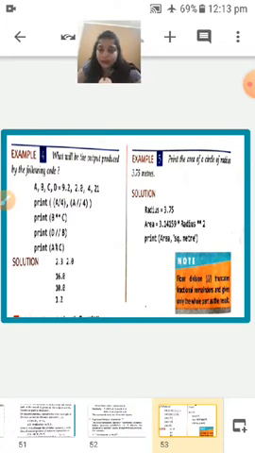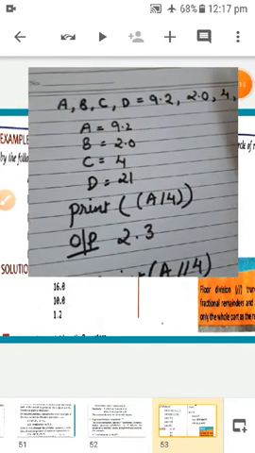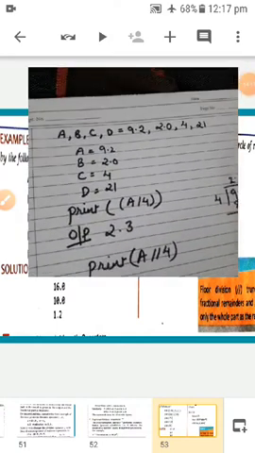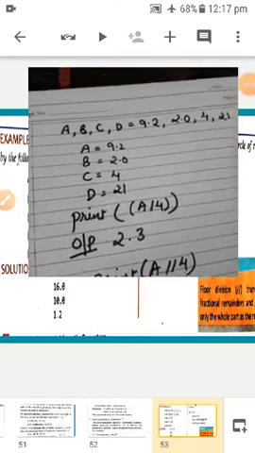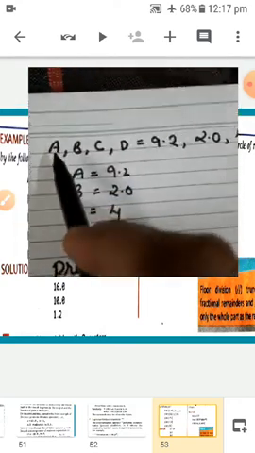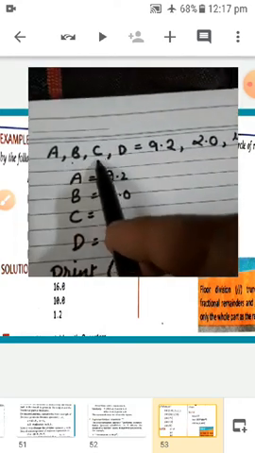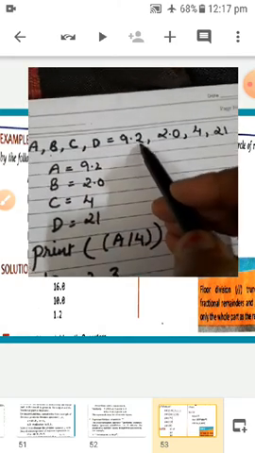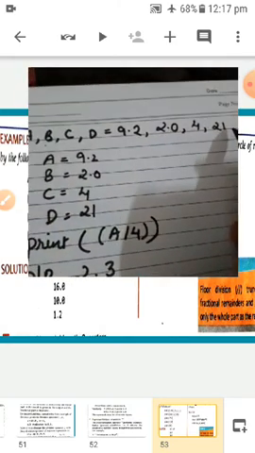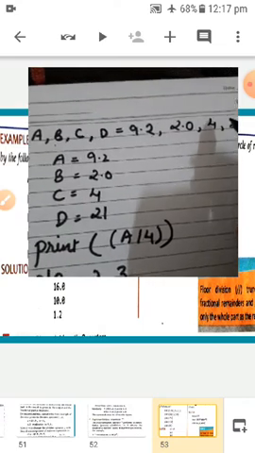So let me give you a short way to solve these questions, how exactly these questions are solved. Okay children, understand this question very carefully. See, our very first line is like this: a comma b comma c comma d equal to 9.2, 2.0, 4, 21. See, this is an example of multiple assignment.